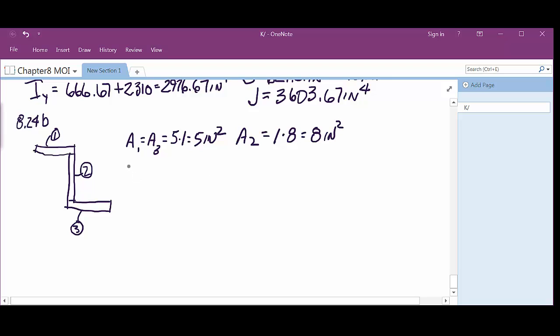Let's see. Y bar is simply 5 inches. This is 1 inch, that's 8 inches, that's another inch, that's 10 inches high, right? So the center of gravity is going to be right in the center of that thing.